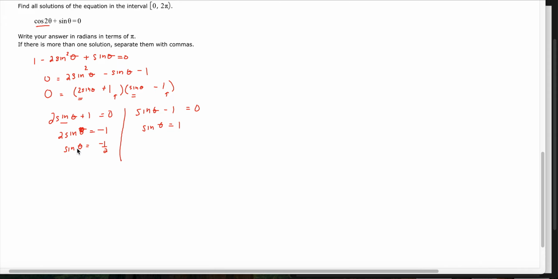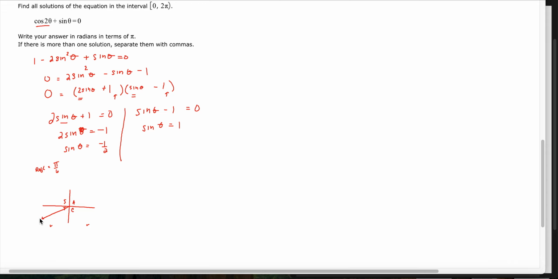If I have sine of something equals -1/2, I'm thinking about that 30-60 triangle. Since we're looking at a -1/2, I'm considering where sine is negative, which would be in quadrants 3 and 4. That's where I want to think about those angles. Of course, my reference angle would be 30 degrees or pi over 6.